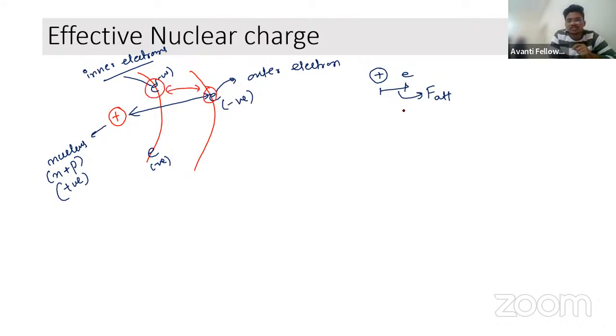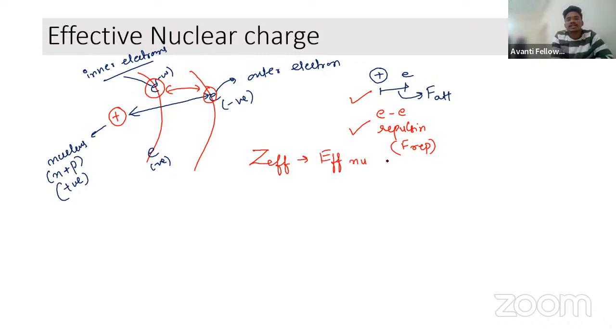Between electron and electron, there is repulsion taking place. We call it repulsive forces. The combination of both the force of attraction and the repulsion is given as Z effective, which we are going to call the effective nuclear charge.